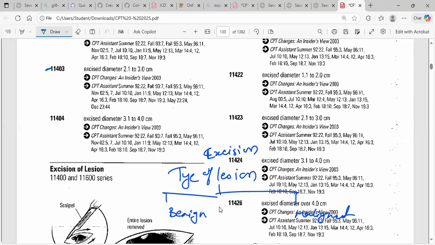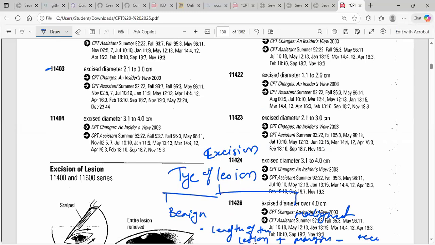After identifying the type of lesion, you have to identify the length of the lesion, and you will add the margins. You will add the margins to accurately code the excision.